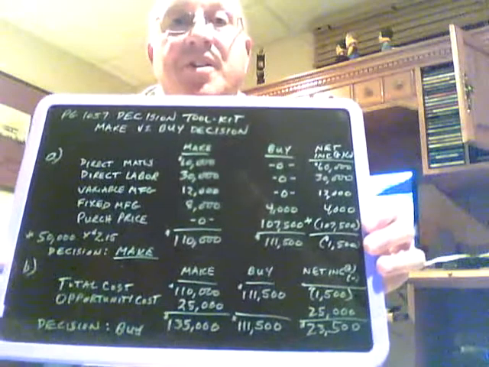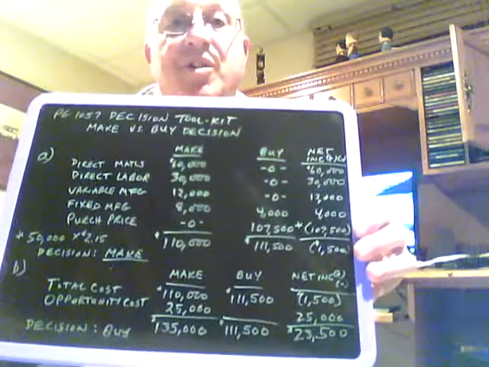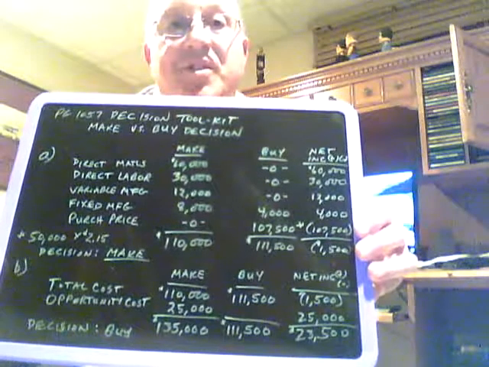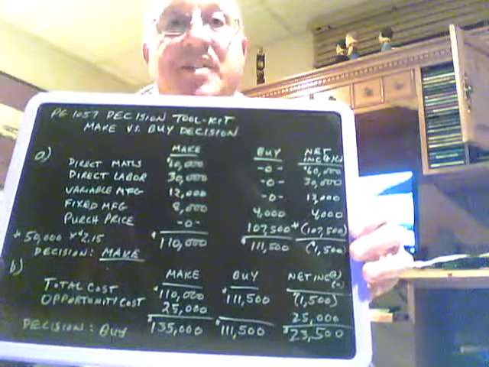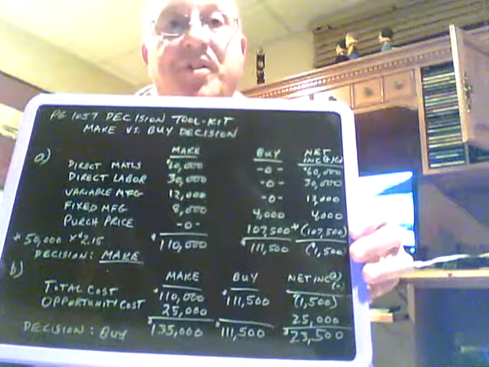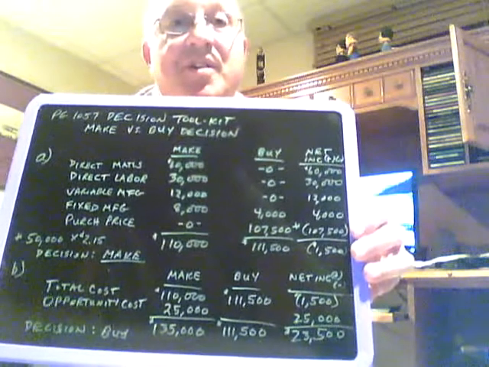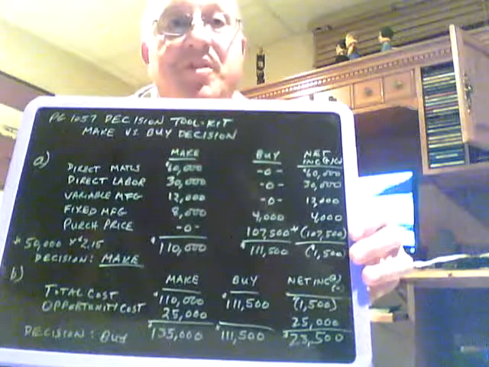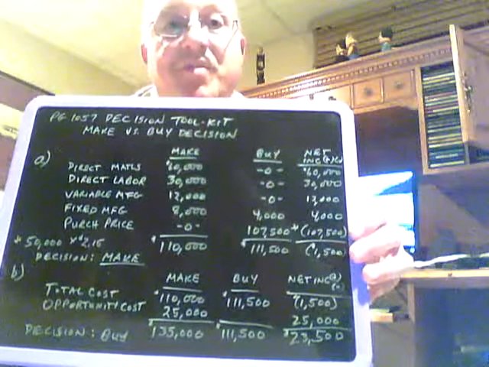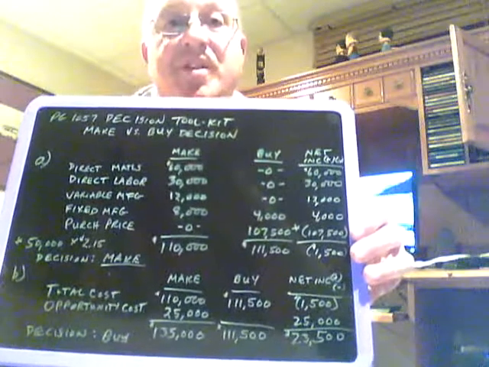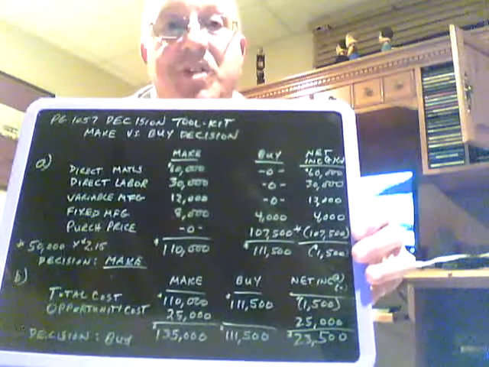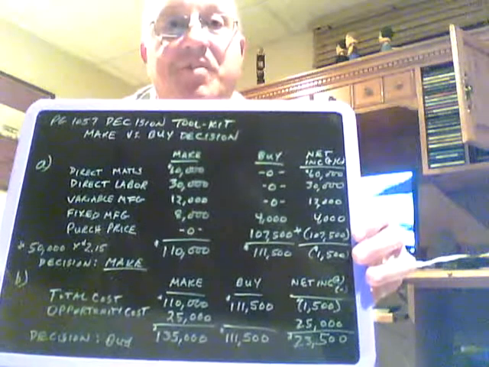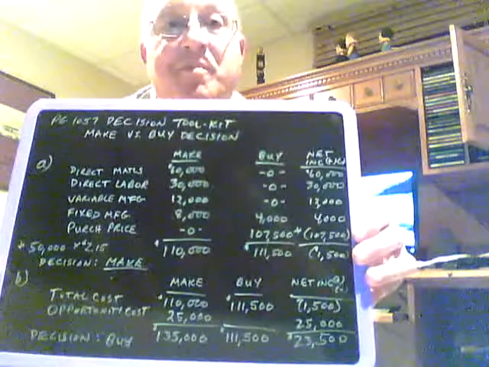So when we look at the make versus buy decision, the net income impact of buying would be positive for the first four items: the direct materials, labor, and variable manufacturing costs, and at 50% of the fixed costs, that would all go away as a result of buying the item. But then we'd be laying out $107,500 to buy them.